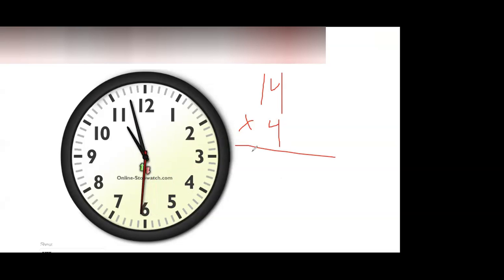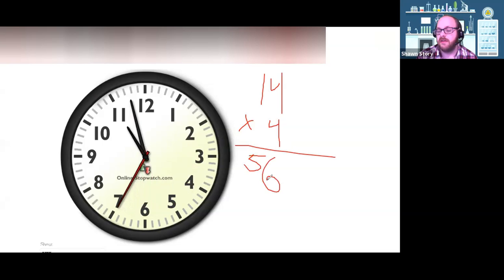I got 66, because 4 times 4 is 16, and 4 times 1 is 4 plus 1 is 6.